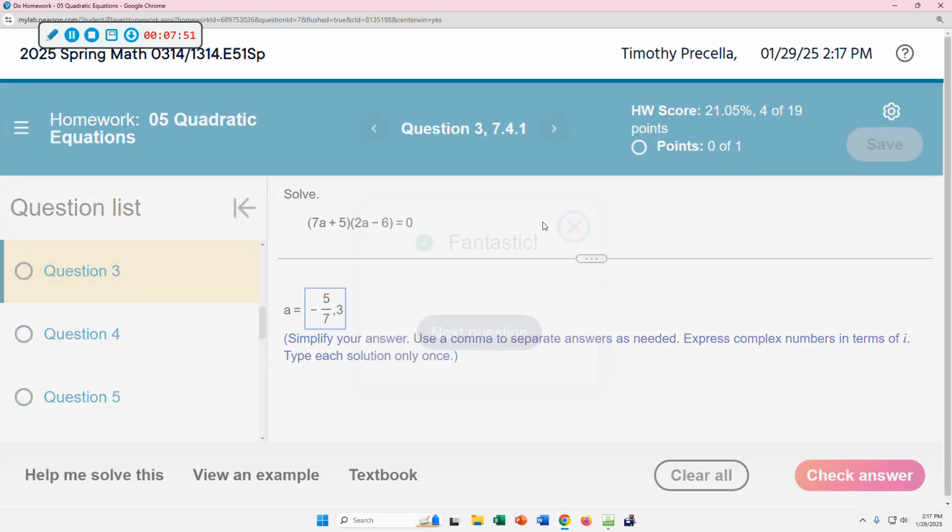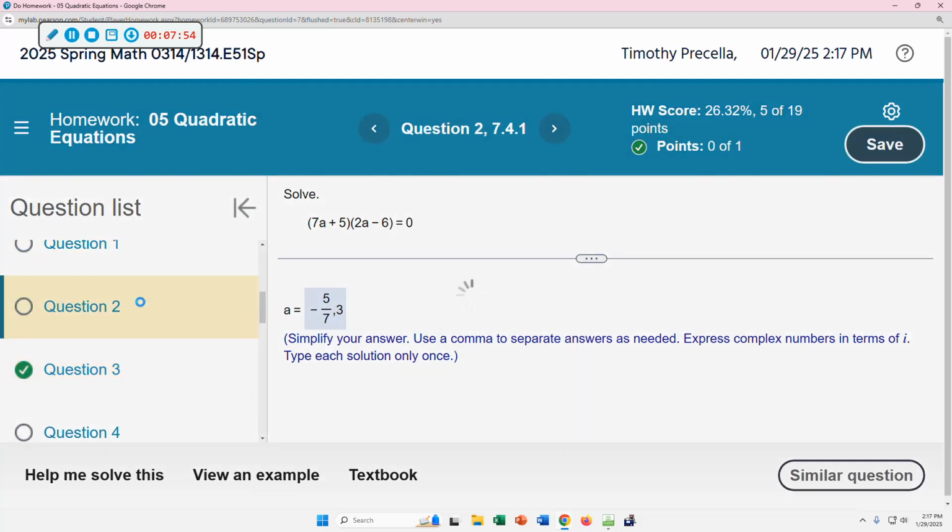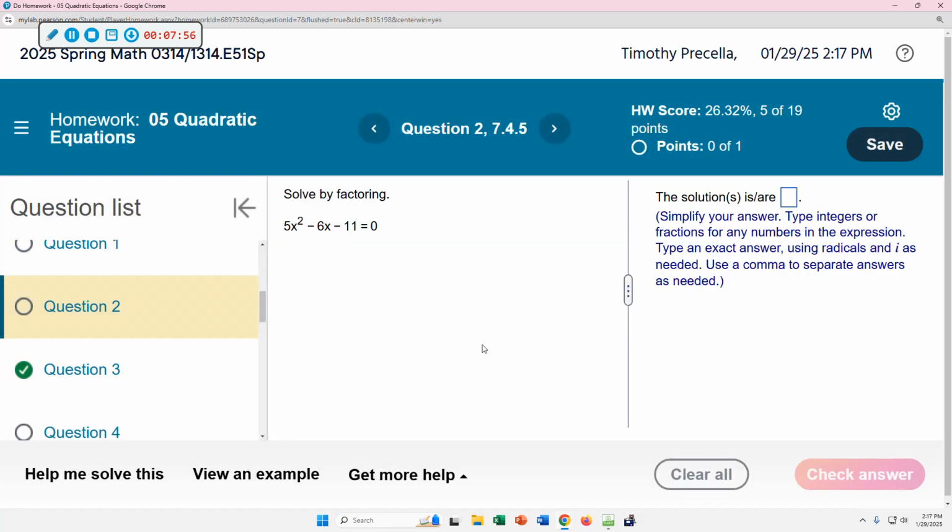Now let's go back to number 2. I bet that one's not already factored. Yeah, it isn't. We're going to have to factor this one. Let me write it down. 5x squared minus 6x minus 11 is equal to 0.